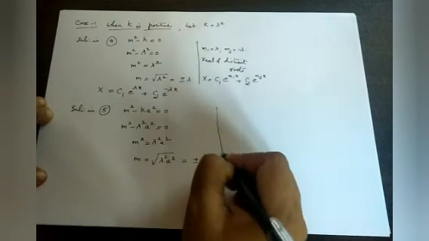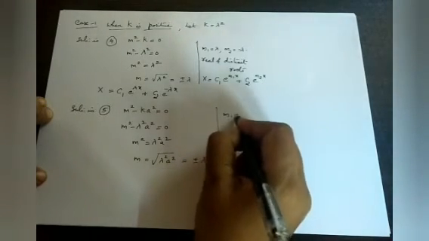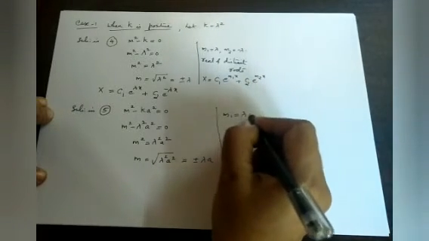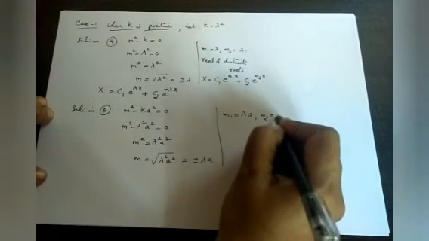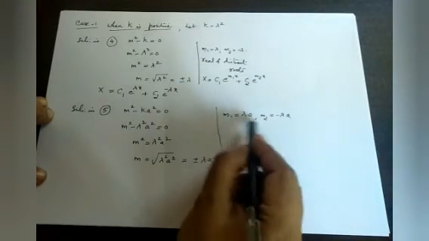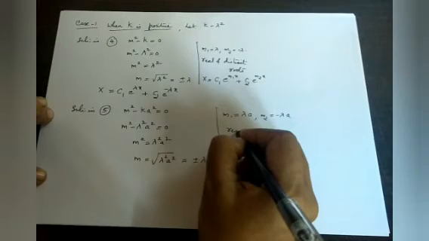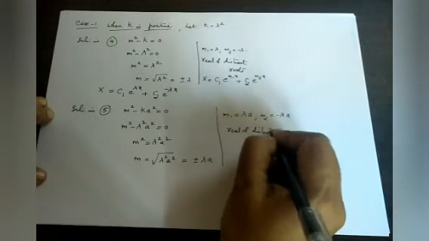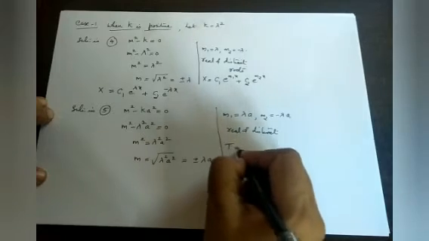That means here m1 is lambda a and m2 is minus lambda a. Therefore, here also the roots are real and distinct. Therefore, we can apply the same formula for t also.